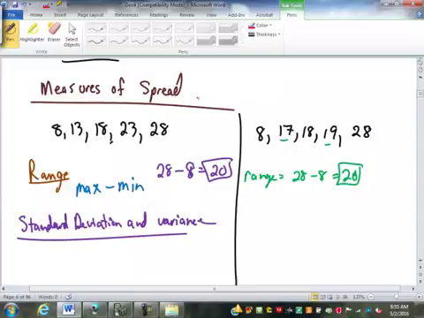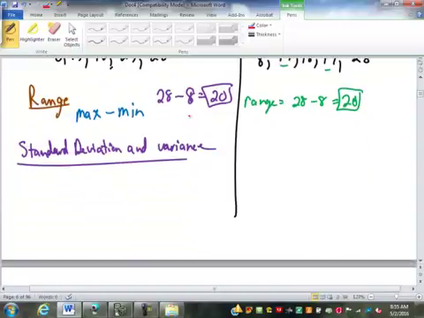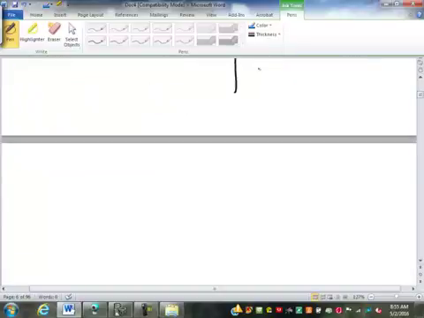Standard deviation and variance work together. Actually, the variance is just one step short of the standard deviation. The standard deviation is a 6-step process. So rather than giving you the formula, I'm going to give you the steps. So remember, our data set looks like that.